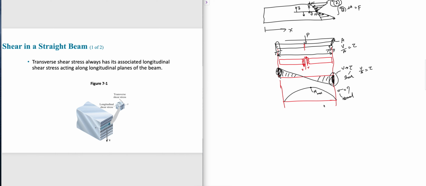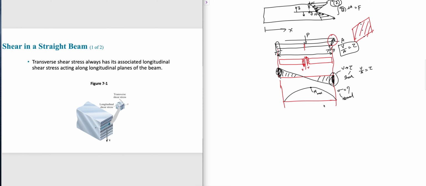But if we zoom in on this part, let's say this is how the cross section is looking like, and I'm asking you, what is the shear stress at the center? What is the shear stress at the edge? In that situation, we can't apply this formula.